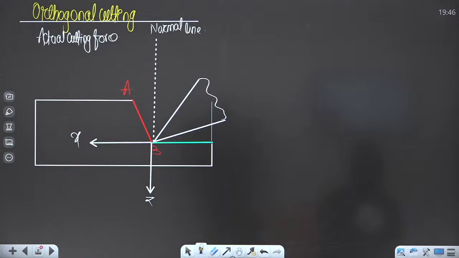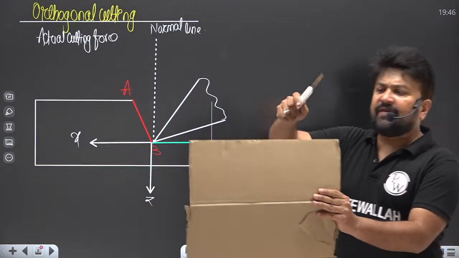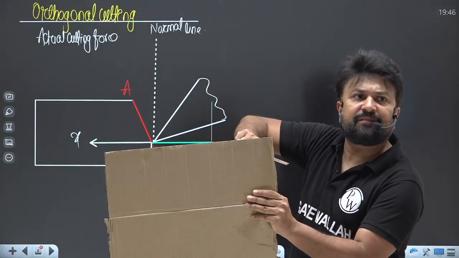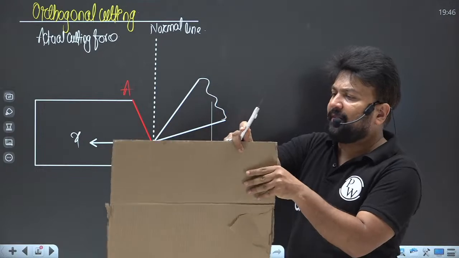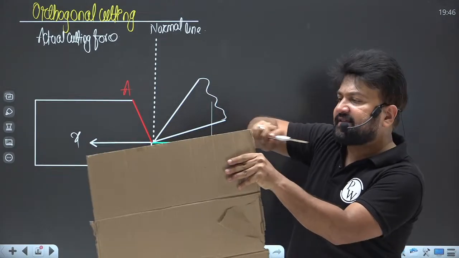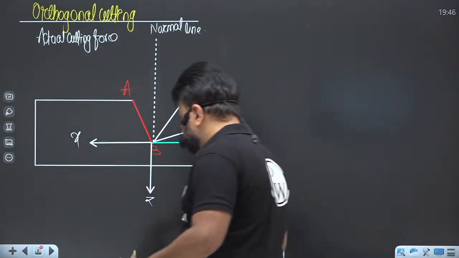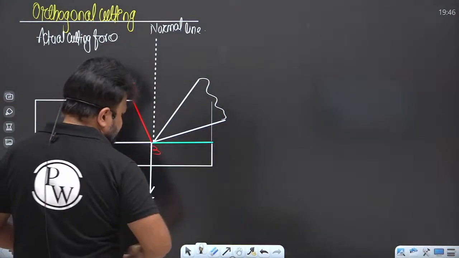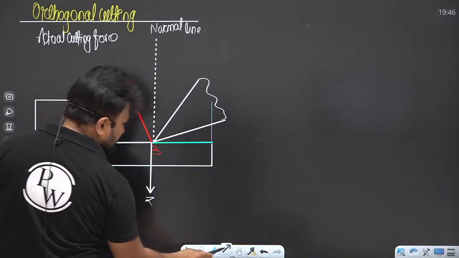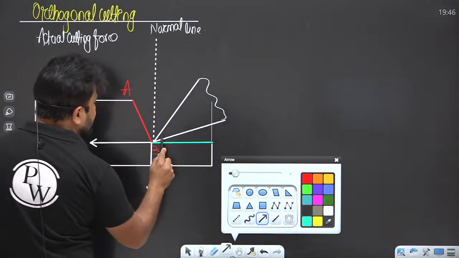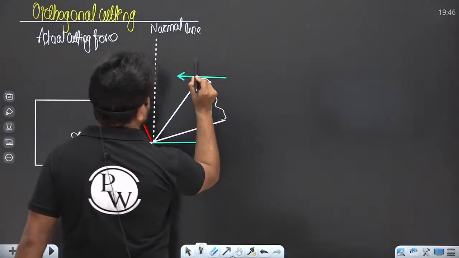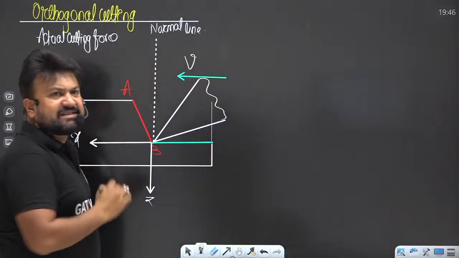Here Shirish Ravi says in Z direction. Shirish, if I apply the force in the Z direction, then how can cutting happen? Basically your tool is moving with a cutting velocity V in the X direction.